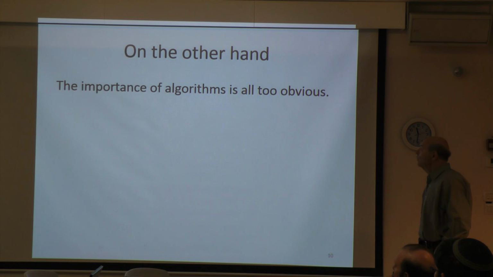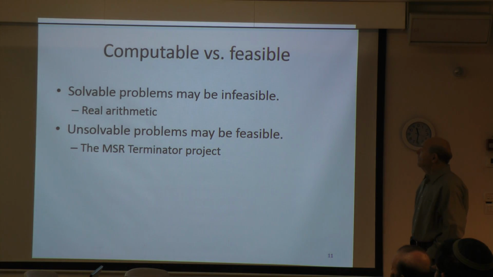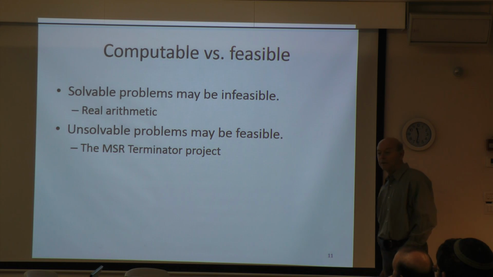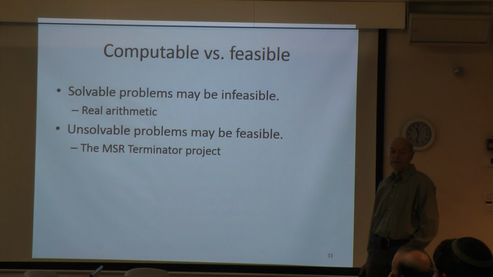On the other hand, the importance of algorithms is all too obvious. I am not going to make that point. So, ironically, a solvable problem may be infeasible. For example, real arithmetic is decidable by Tarski's theorem, which was much improved, but still it is at least double exponential.